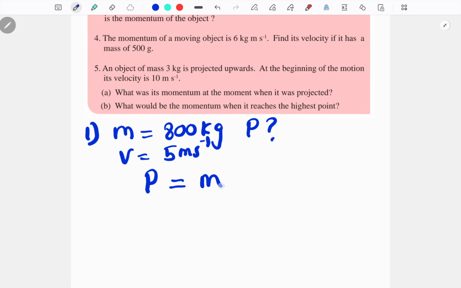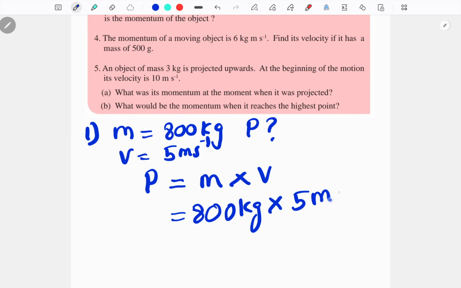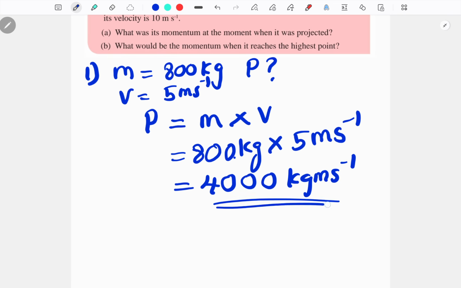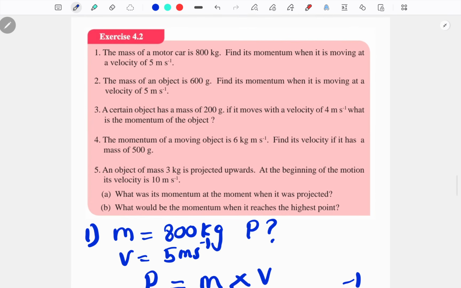Momentum equals mass into velocity. Mass is 800 kg. Velocity is 5 meters per second. So 4000 kg m/s. Okay. Then the first question is over.